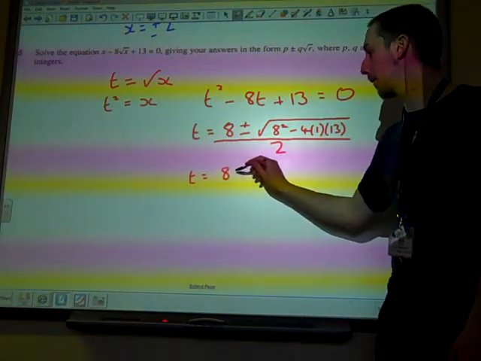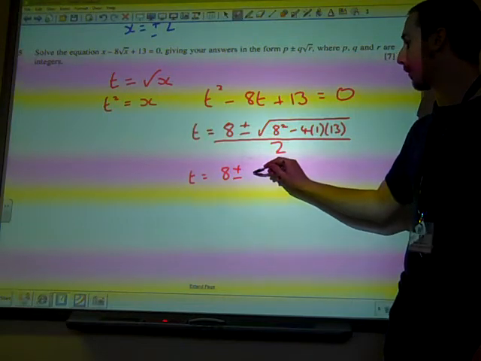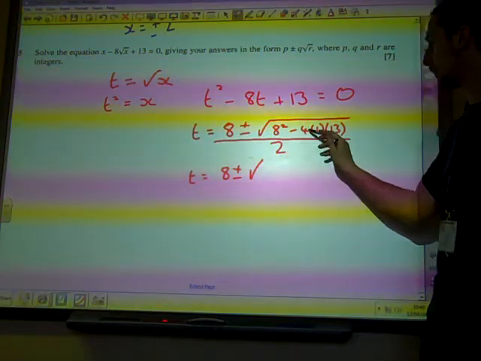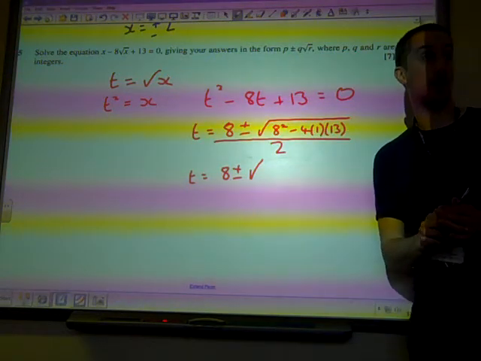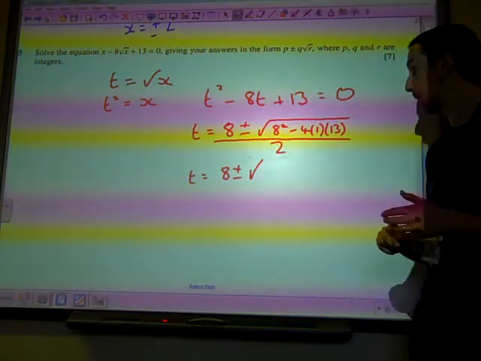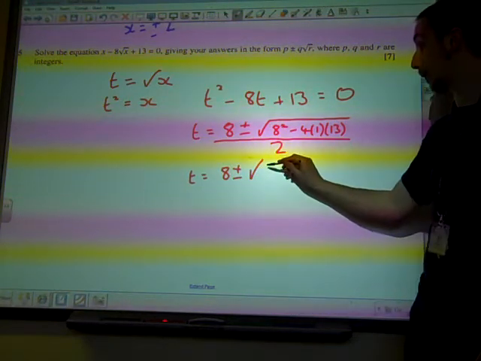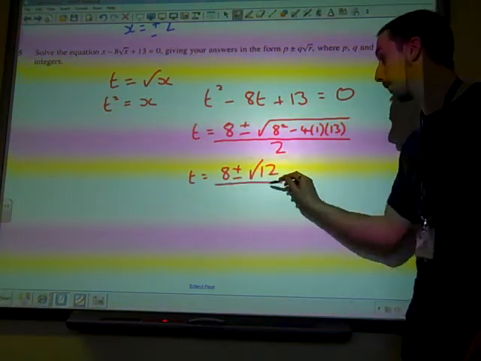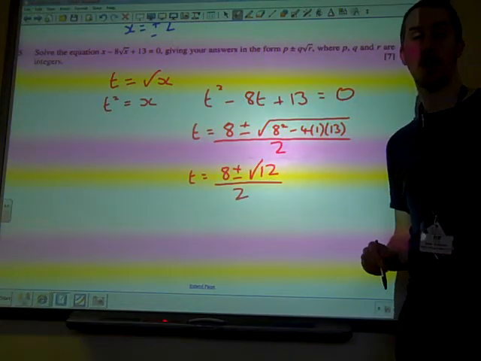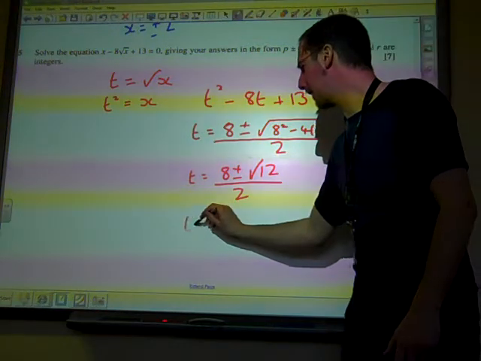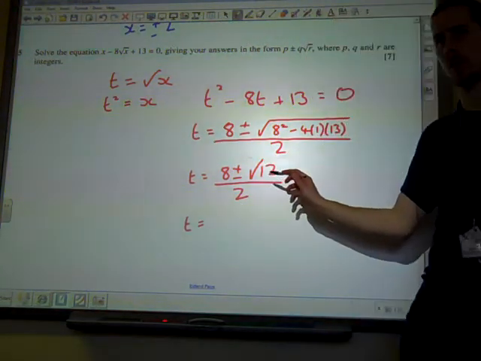So we've got 8 plus or minus the square root of what we've got in here, 64. 4 times 13 would be 52. So we've got the square root of 12 divided by 2. Let's see if we can simplify that surd at all.